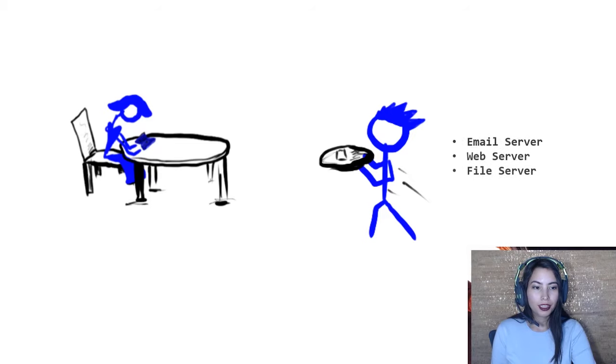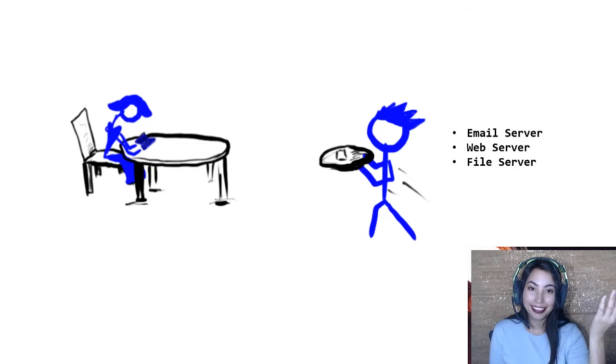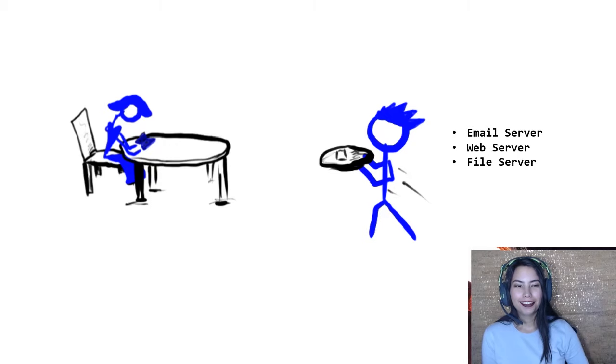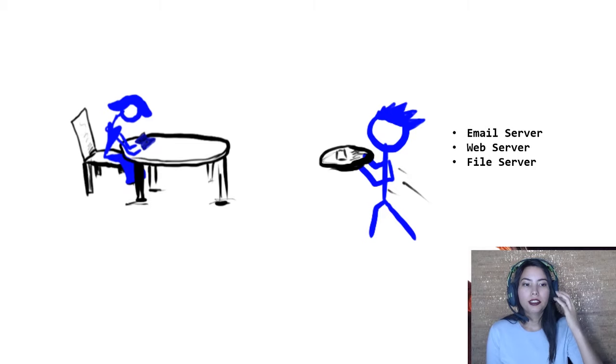So again, going outside of our restaurant scenario, let's see what the server is more like. There are specific servers called email, web, and file. Very simple, all of these just have a specific task that they take care of. So say, for example, a client wanted to send an email to the person across the room.